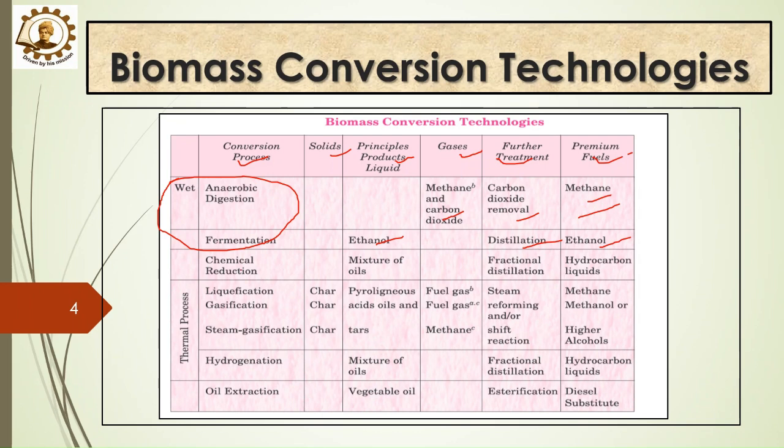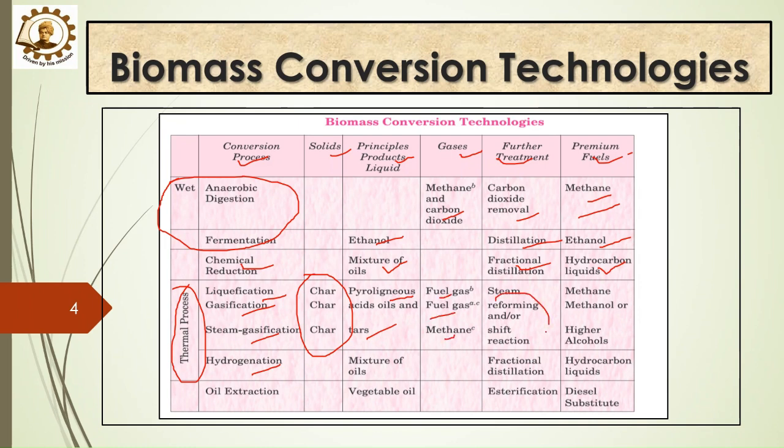Coming to the chemical reduction, where we get a mixture of oils, fractional distillation is done where we get hydrocarbon liquids. Now coming to thermal processes like liquefaction, gasification, steam gasification, and hydrogenation. What we get is char, pyroligneous acids and oils and tars, some amount of fuel gas, some amount of methane.